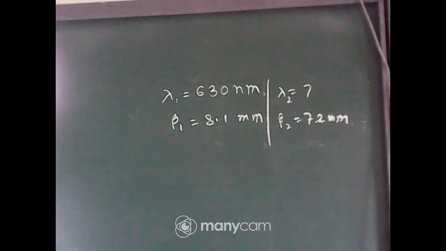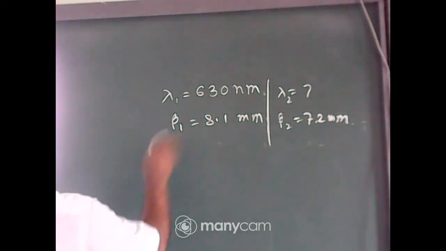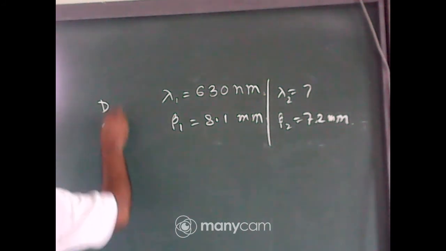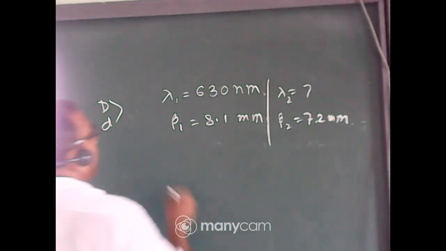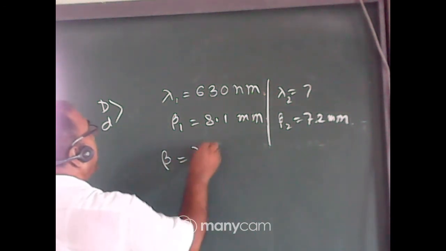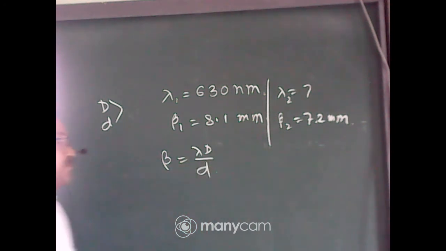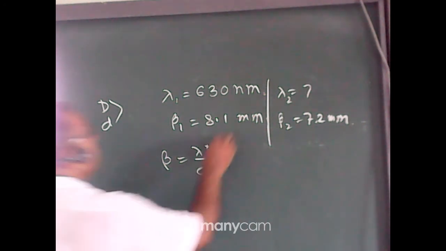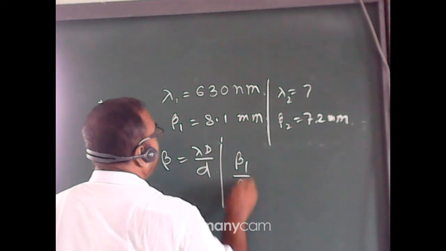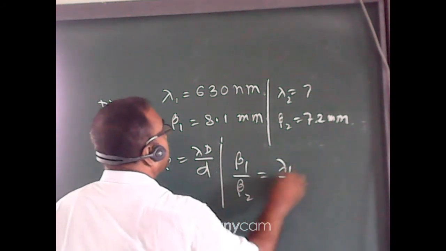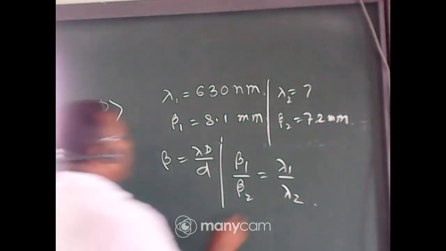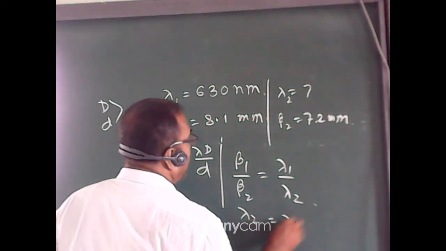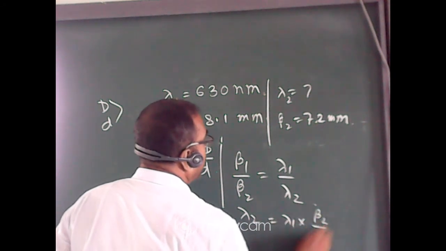So my dear students, you see here that capital D and small d are both the same for the two experiments. You know the formula, beta equal to lambda capital D by small d. So beta 1 by beta 2 equal to lambda 1 by lambda 2. What will be the value of lambda 2? Lambda 2 equal to lambda 1 into beta 2 by beta 1.